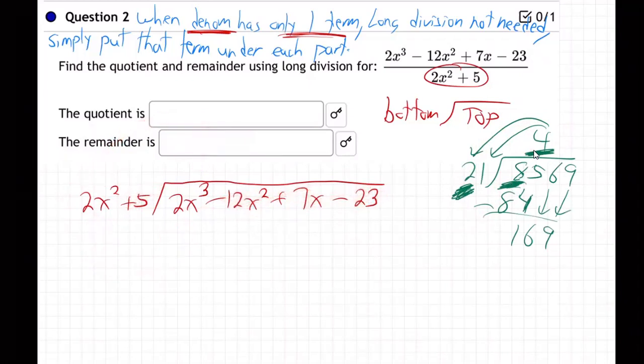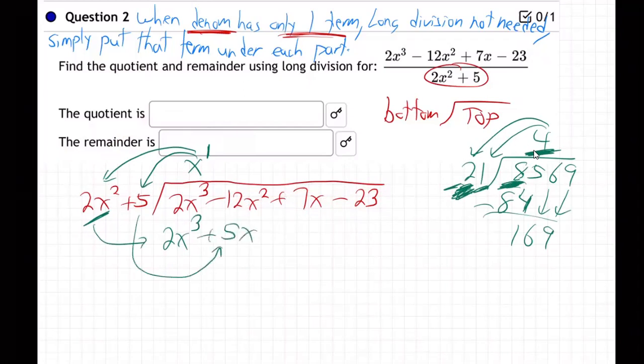So if I put up here x to the first power, that'll do it. And it's going to multiply both those, just like this 4 multiplied the 2 and the 1. So x to the first times, remember again, out front numbers multiply, powers add. So that'll be 2x cubed. And this one times 5 will be plus 5x.